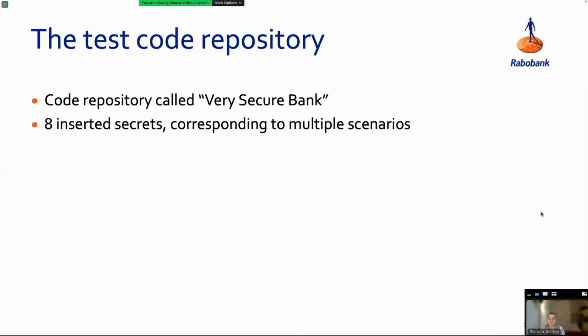An existing code repository was used as a basis. It is called a very secure bank. It is a web application written in Java that mimics a bank application, but it contains several vulnerabilities such as SQL injection, XML external entity, cross-site scripting, etc. The code repository is used within Rabobank for teaching purposes in security courses, and it was chosen for testing purposes because it mimics a real application and it does not represent confidential work.